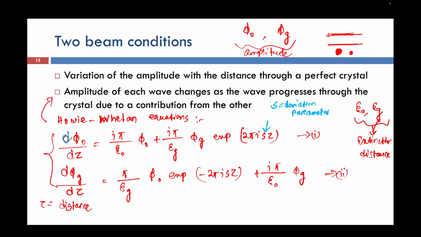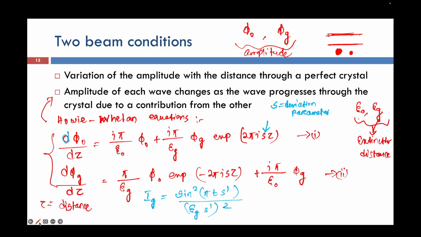So if I am talking about a perfect crystal, then the intensity due to dynamical diffraction of my diffracted beam will be sine square pi t s dash, divided by epsilon g s dash square. So this will be my intensity.